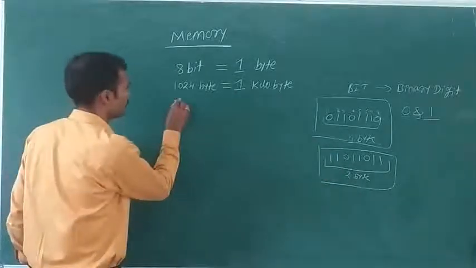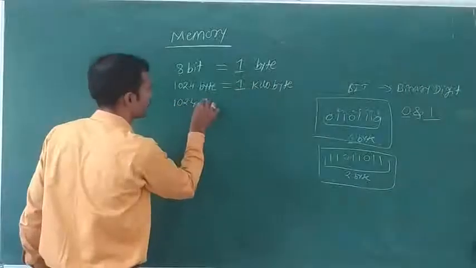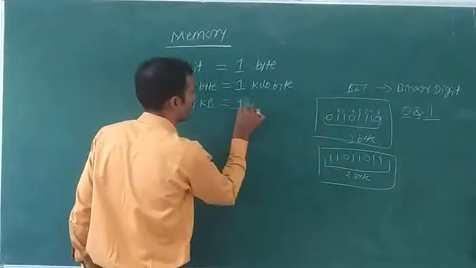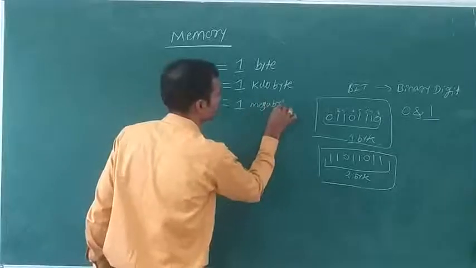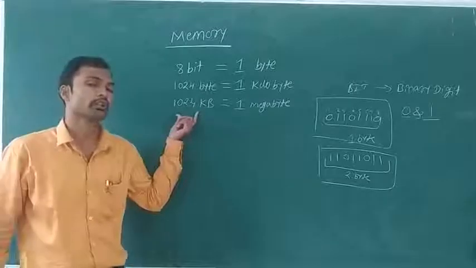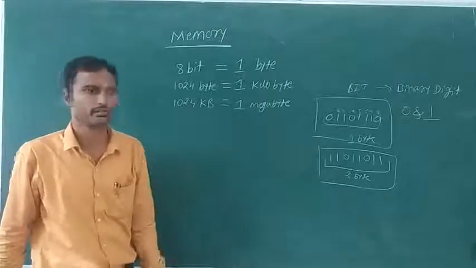Similarly, 1024 KB is equivalent to 1 megabyte. 1024 kilobytes is equivalent to 1 megabyte.